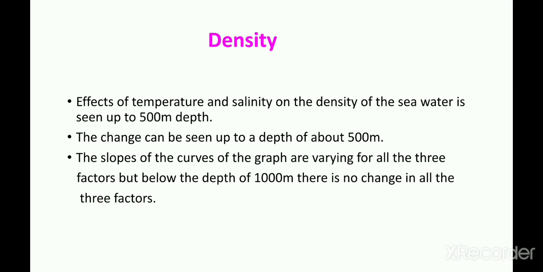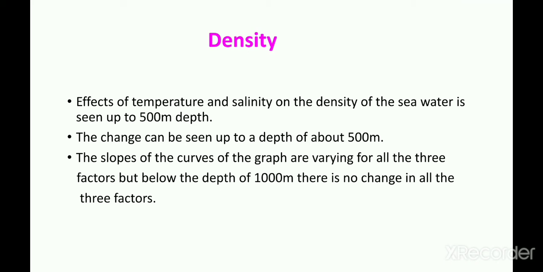Next, the effects of temperature and salinity on the density of seawater are seen up to 500 meters. The graph shows salinity, temperature and density with reference to the depth of the seawater, and that the density of water depends on temperature and salinity.